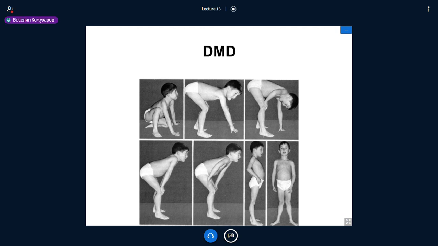This slide presents a typical way of standing from a sitting position.